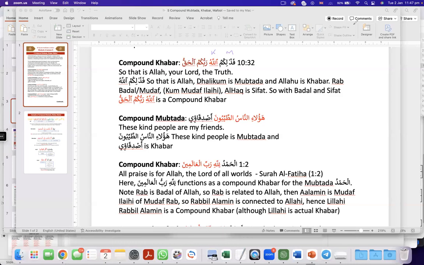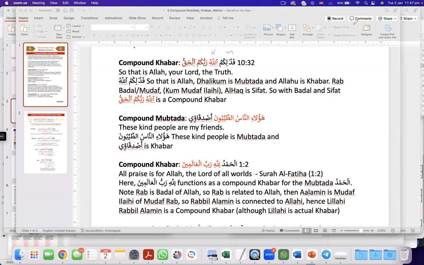Zalikum is Mubtada, and Allahu is khabar. This part is okay, right? Yes. Zalikum is Mubtada. Allahu is khabar, okay? That's as before. As a singular word, that's fine. But this is now next level, and we have to really get into it.